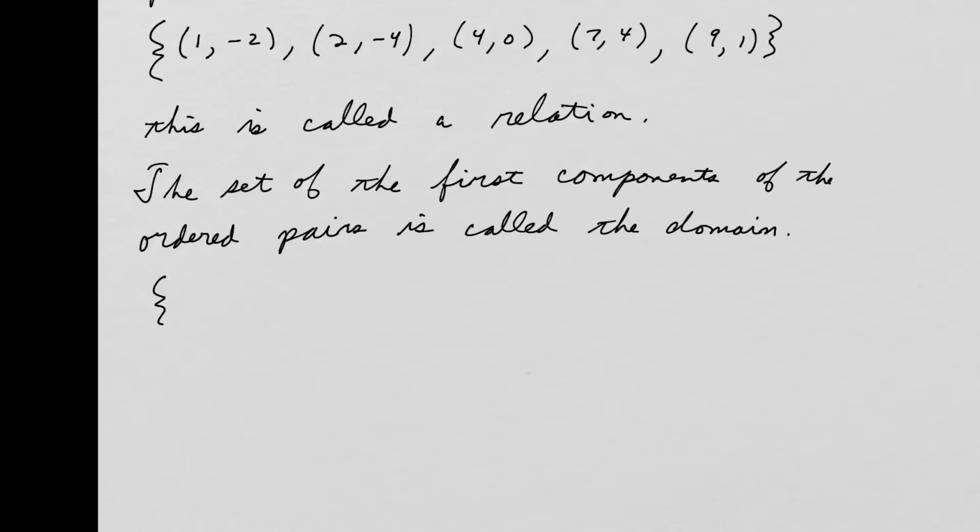So the domain is going to be the set 1, 2, 4, 7, and 9. Again, think of it as all the x values. I just picked off, from the relation, all of the x values. That's my domain.